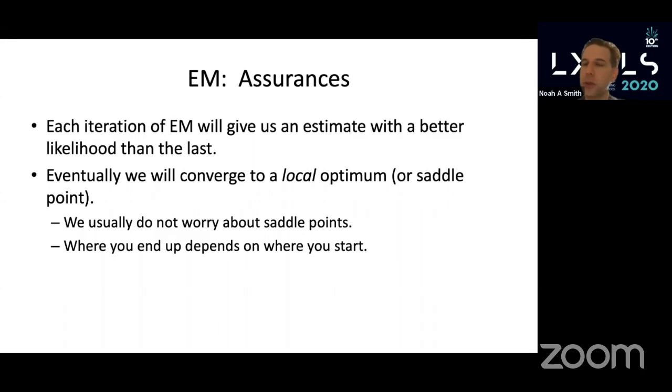In practice, we don't usually worry about saddle points, just like in deep learning. But the key thing you need to know is that if you run this algorithm multiple times from different starting points, you will probably get different solutions. Sometimes those different solutions will be similar up to a rotation of the states.